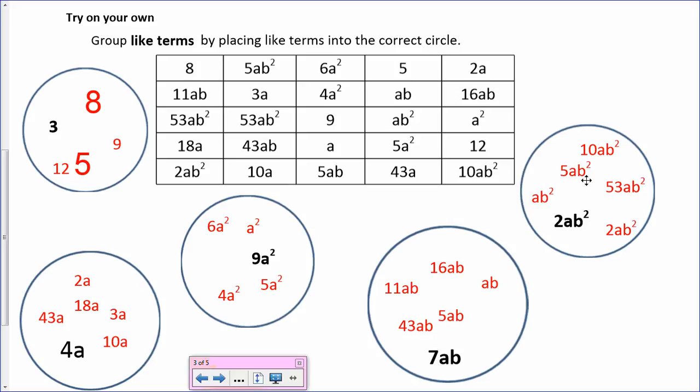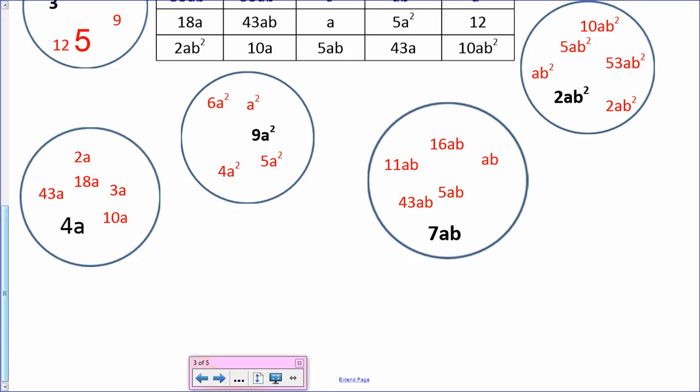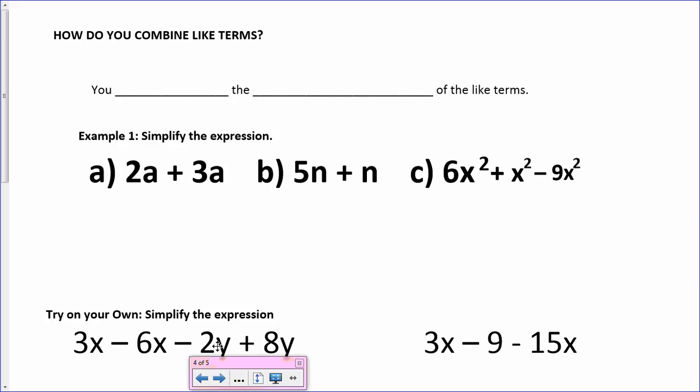They all have that same variable part, the ab squared. Okay? Notice how none of them have the a part, like 4a in here, because they don't have the exact same thing. Okay? Not too bad. Moving on.